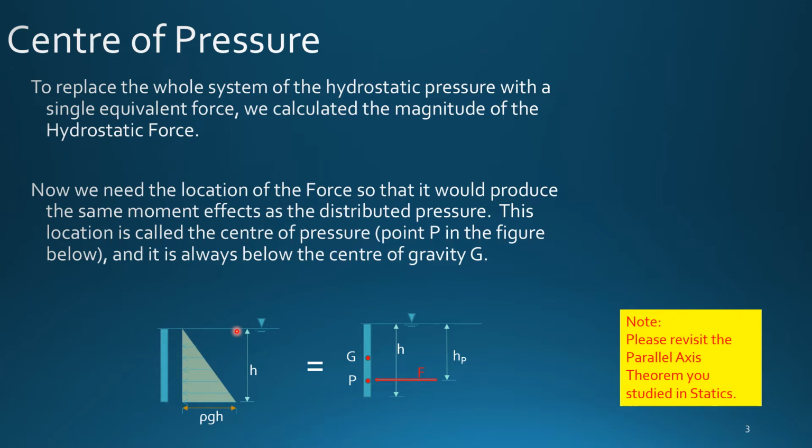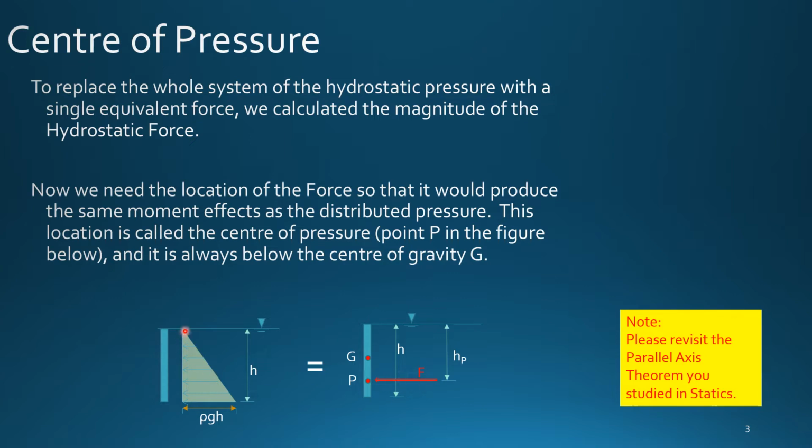Okay, so the figure here shows the hydrostatic pressure distribution, and because of this hydrostatic pressure we can calculate the magnitude of force. To replace the whole system of hydrostatic force with one single equivalent force, we need to calculate the resultant hydrostatic force, which is F.